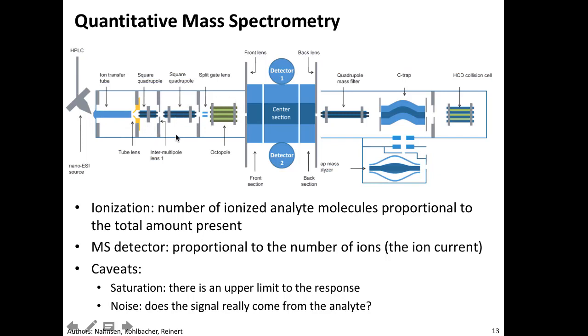Transfers, transfer quadrupoles, octupoles, you have the center section, you have the mass filters. So each of those comes with loss of material. Now in an ideal world, the amount that you lose or the percentage that you lose at each of these steps is going to be constant. But it is there, and it means that you need to figure out how to deal with it.